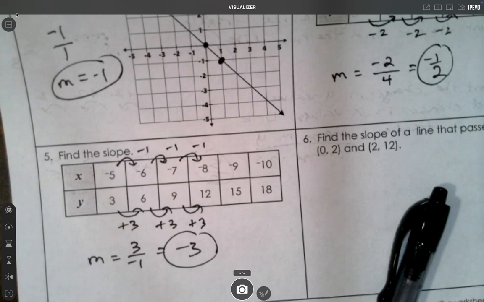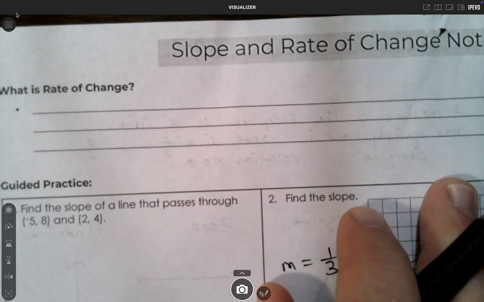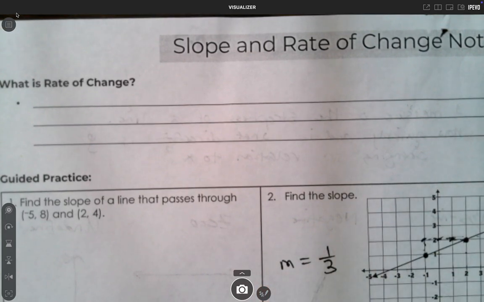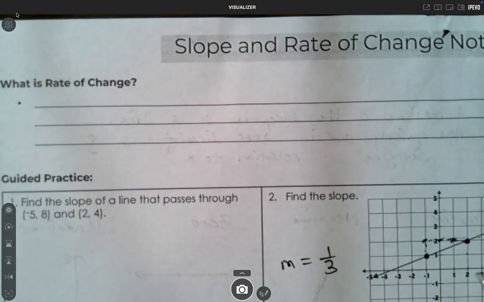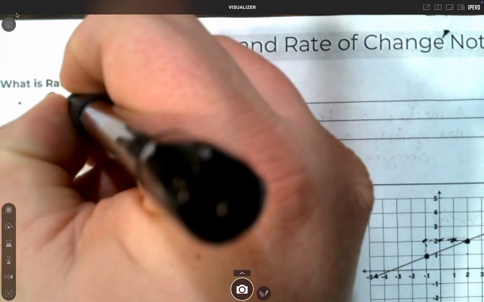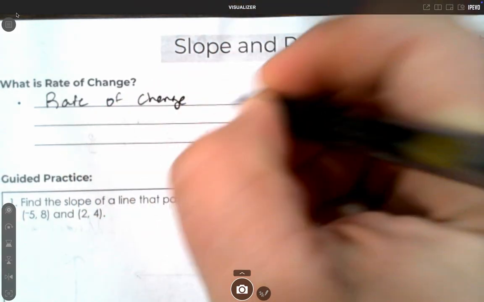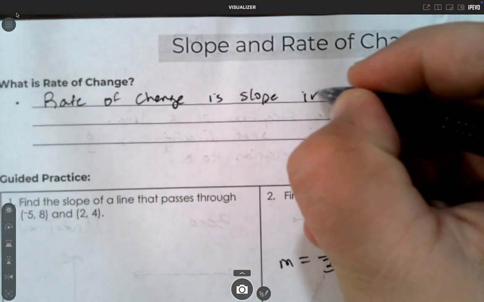Now, before I do the last type with ordered pairs, I want to go ahead and fill in this up here for you. I already told you slope and rate of change are the same thing. This kind of says what I already said, but let's write it down. So it says, what is rate of change? Rate of change is slope in the real world.